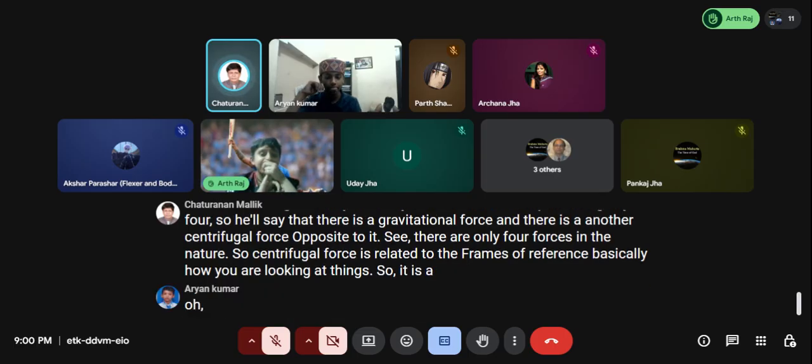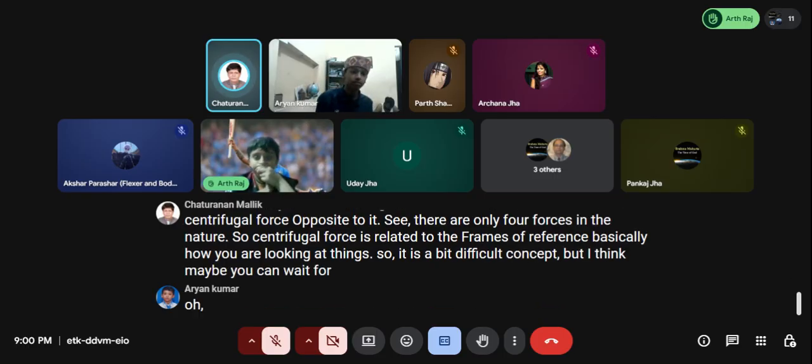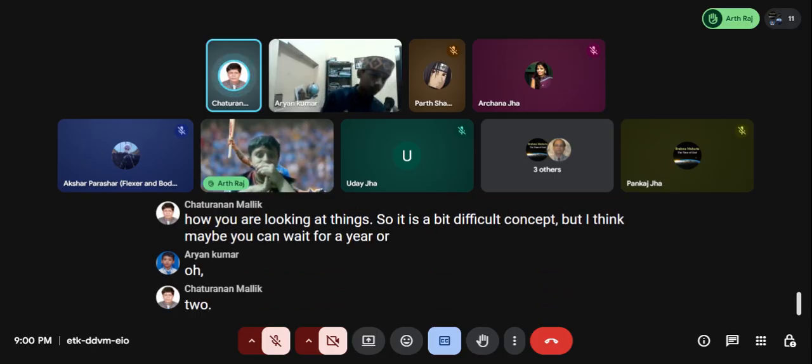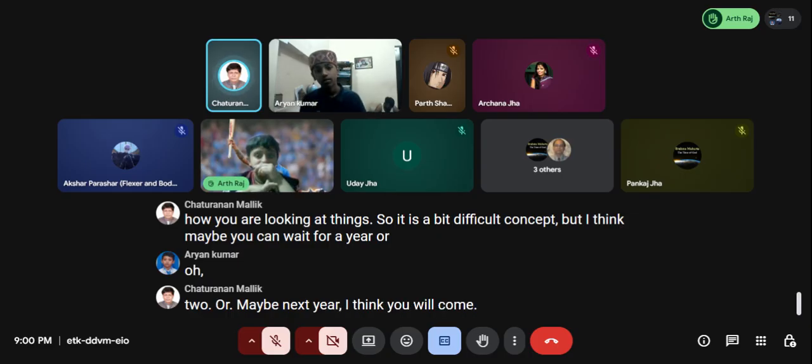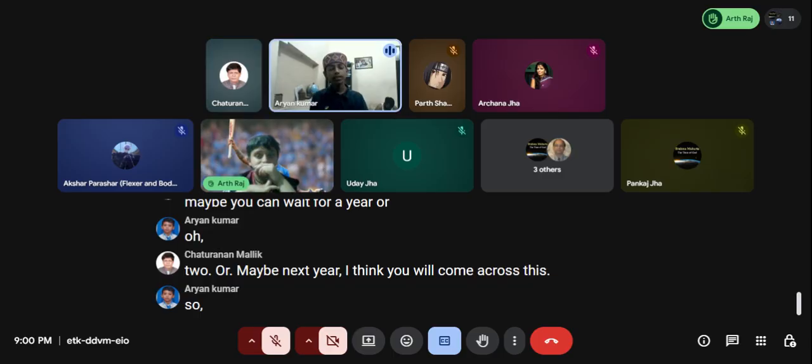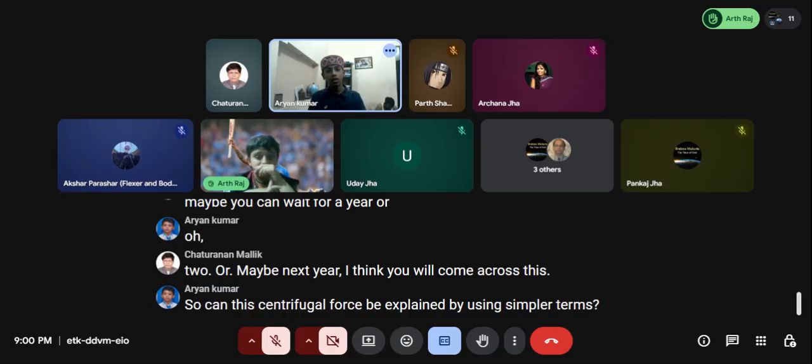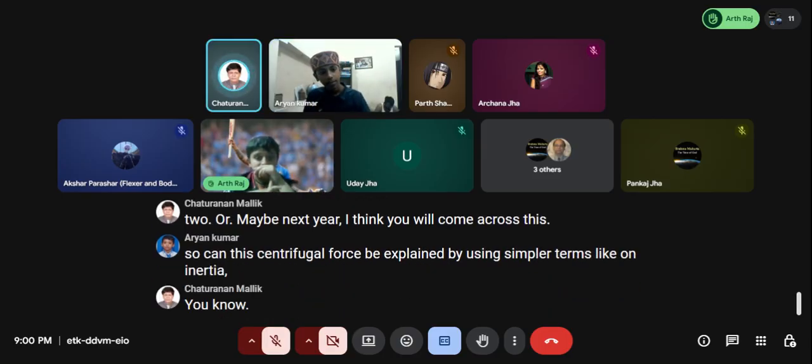It is a bit difficult concept, but I think maybe you can wait for a year or two, or maybe next year, you will come across this. Can this centrifugal force be explained by using simpler terms, like inertia? No, there is nothing to explain.